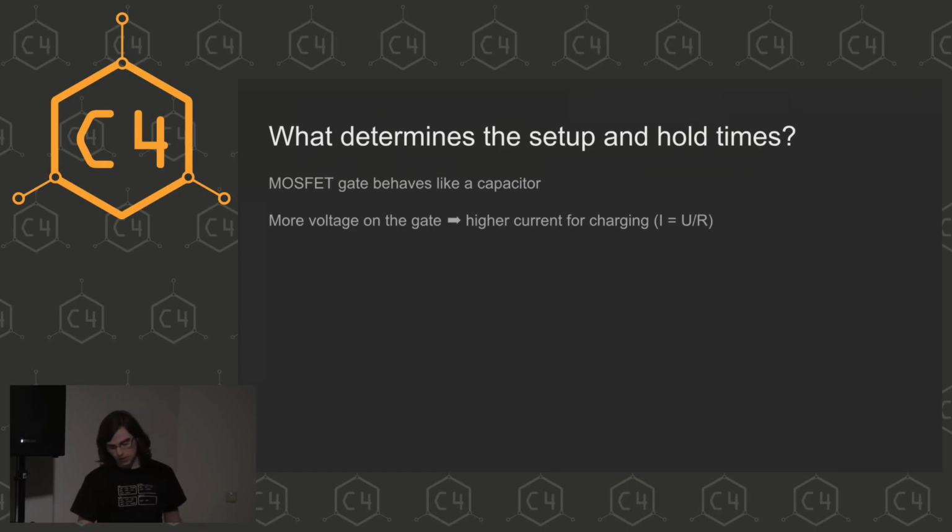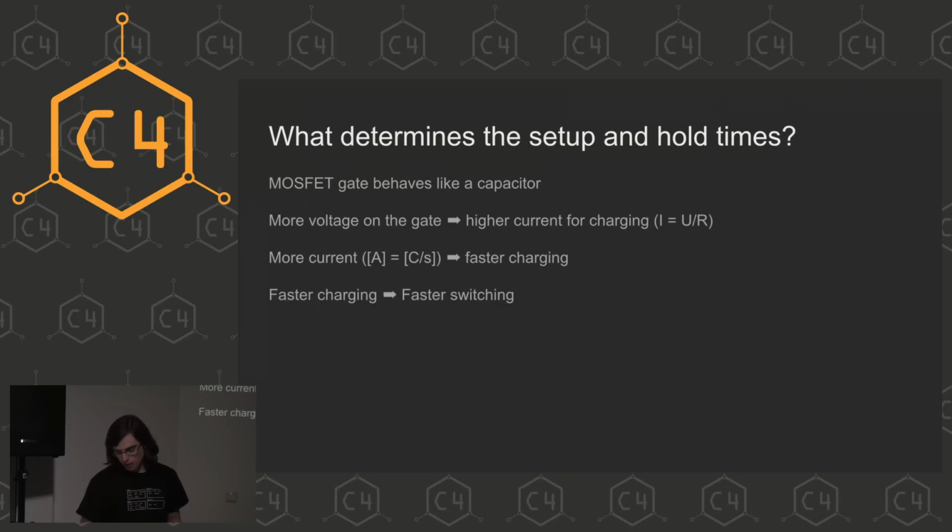Current is charges per second, so we can put more charges into the gate capacitance and thereby turn the MOSFET on faster, or discharge it faster and turn it off faster. When we can charge the gate faster, we can switch faster, because charging the gate is essentially a switching operation.